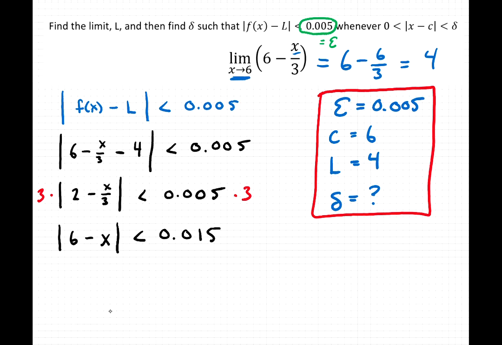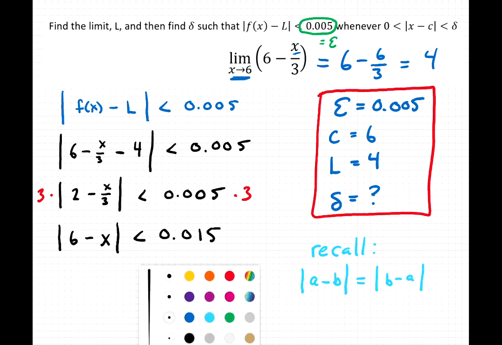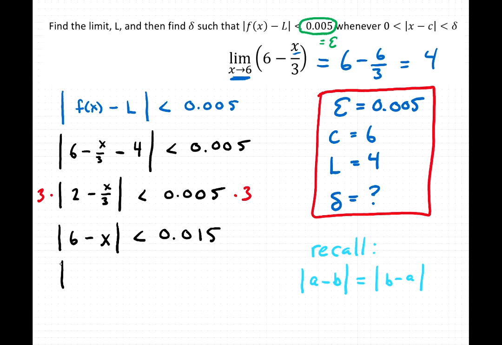Let me go over here to the side and recall a property of absolute value. The absolute value of a minus b is the same as the absolute value of b minus a, because the absolute value makes both of them positive. So we could just switch the order here. 6 minus x and x minus 6 are different, but with the absolute values, they're the same.